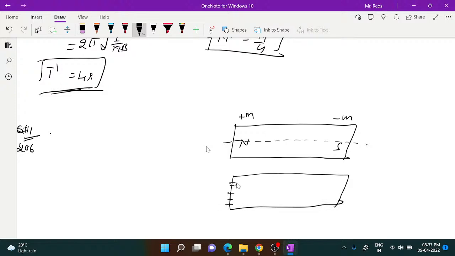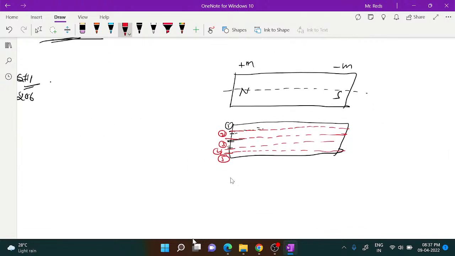So this becomes one piece, this another piece, the second piece, and so on: one piece, two piece, three piece, and here if you cut again, it becomes 2 pieces, 4 and 5 pieces. When you cut 4 times, it becomes 5 pieces. So m dash of each piece will become m by 5.